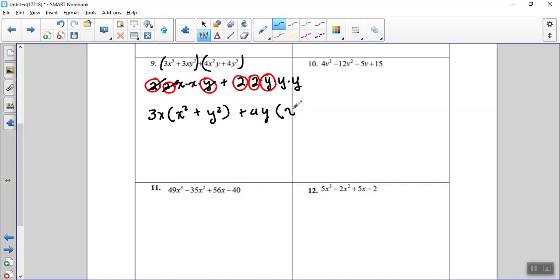X times x, which is x squared. And then y times y, which is y squared. And then I have the same thing in my parentheses, so I factor that out now. And then I have 3x plus 4y. Okay? That's how you can factor by grouping.